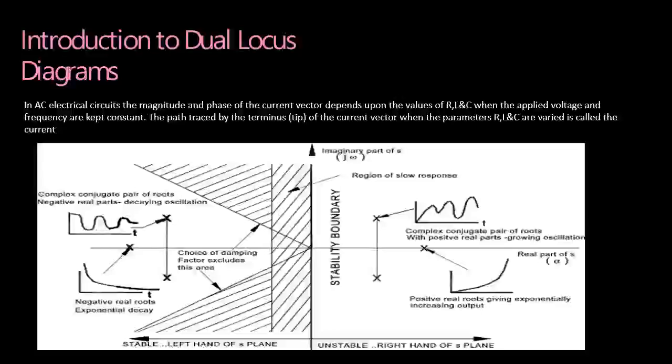The positive roots give a positive real output increasing in value, and the negative roots give exponential decay. The lines of the locus, where the RLC parameter is varied, are called the locus of the current, with the path traced by the terminus of the current vector. It also represents the vector.